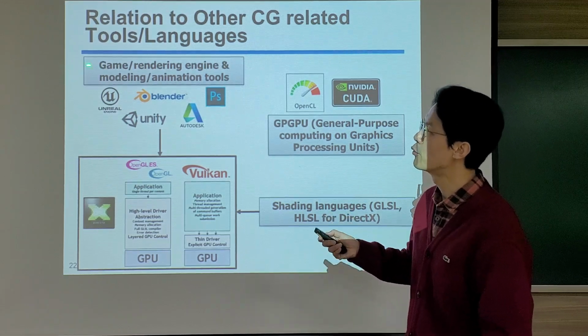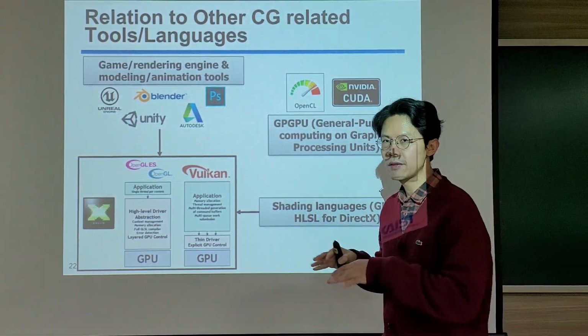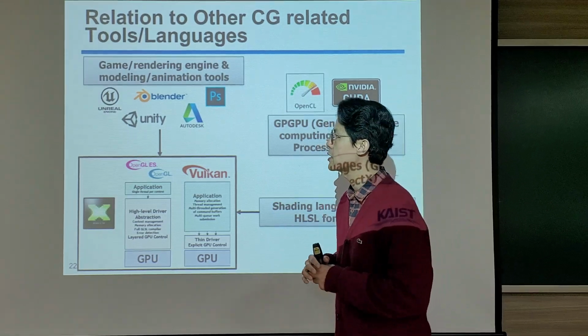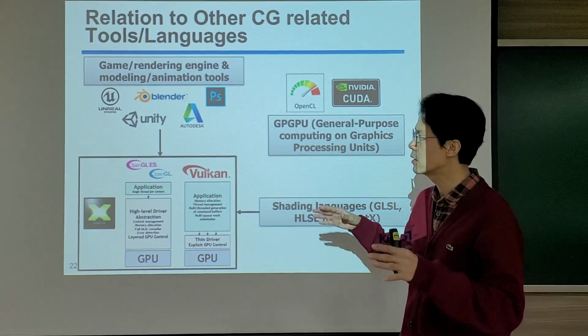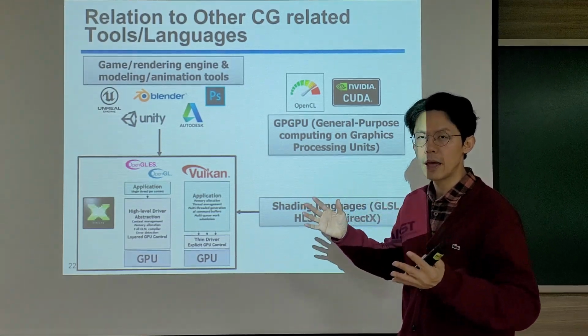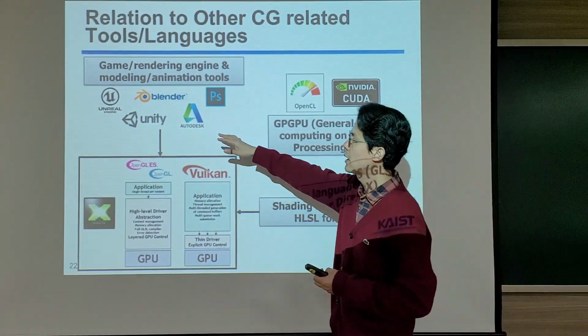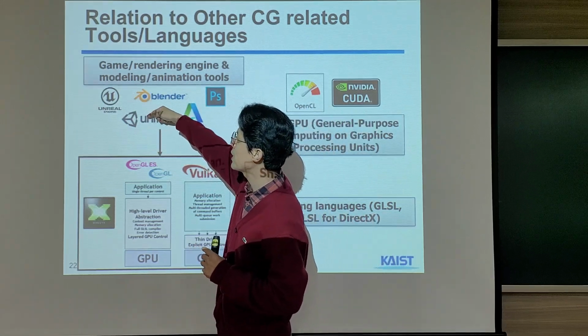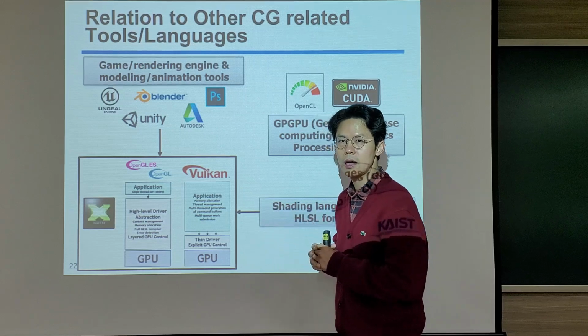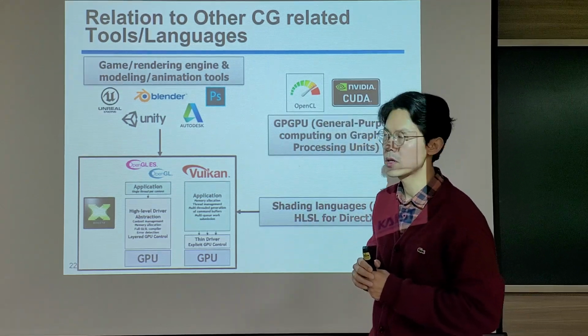You might have heard about Unreal Engine and Unity. Directly accessing OpenGL is very difficult, so that's why these companies and tools build more advanced APIs, and game developers typically use these game engines to design games in a more efficient way.